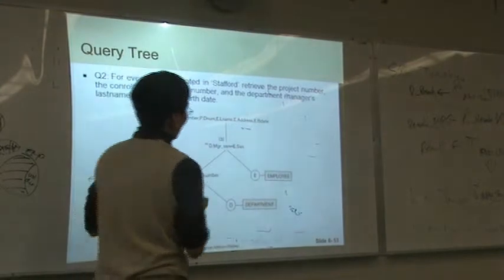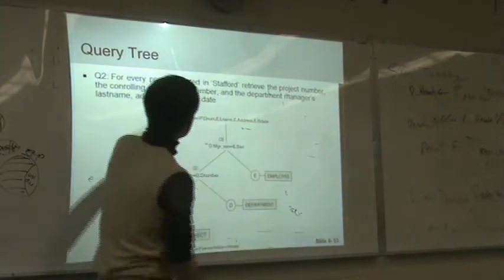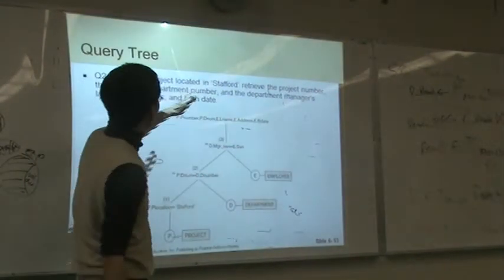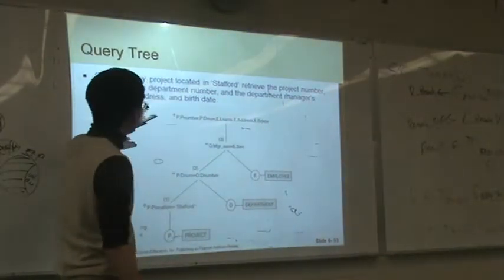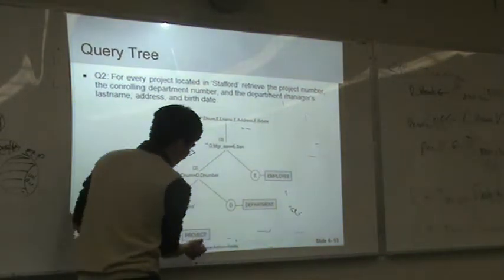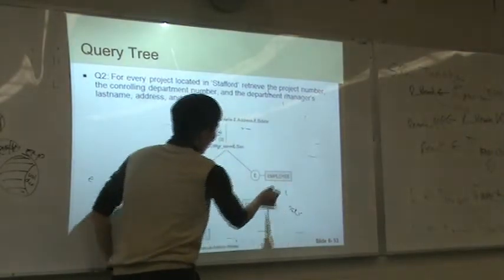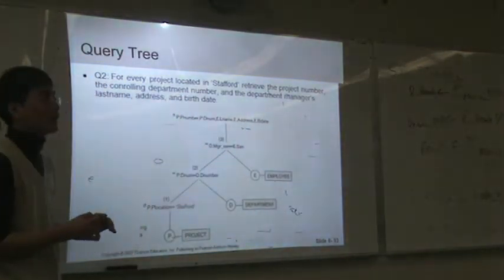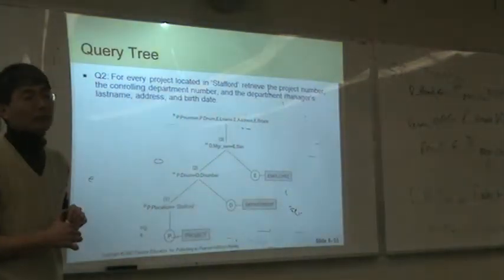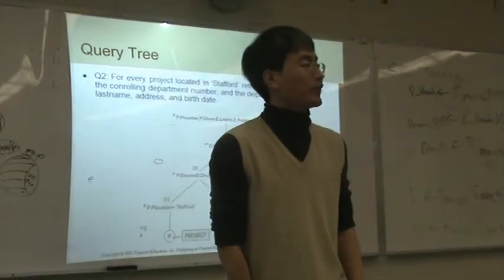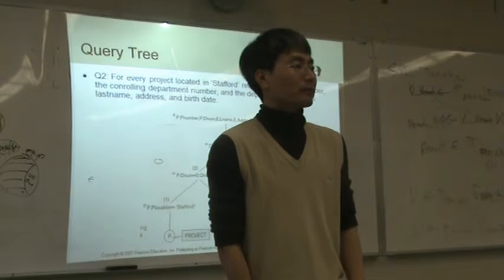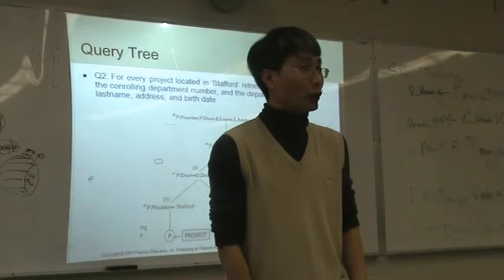One more thing I forgot to explain. In this case, we retrieve the project number, controlling department number, department manager, and so on. So we need to access project, department, and employee. Okay? 3 tables, 3 relations. Do you think how many join conditions we need? 2.